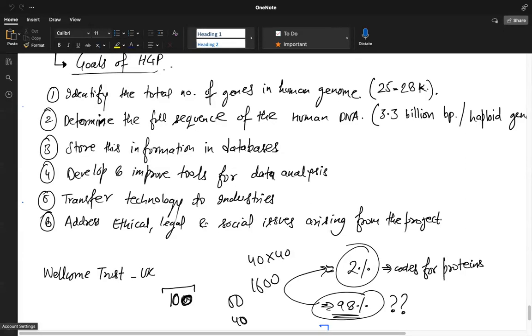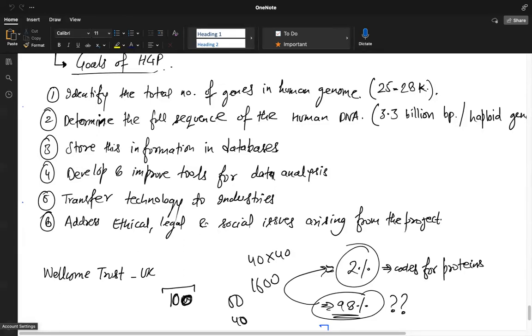Suppose you found a mutation in one part of the chromosome and you would just study that part of the chromosome. But once you know this human genome, you can study a widespread effect of any phenomena, chemical, mutation, or a process or developmental defect on the overall genome.